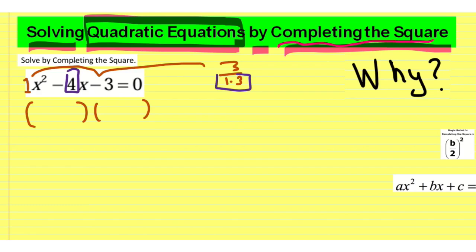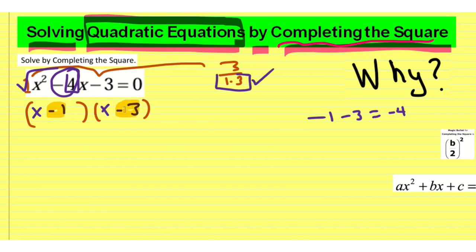So we're going to try to factor it the way that we would normally factor a quadratic. I've got the x squared, so I take the square root of the x squared, and it goes in the front, x and x. Then I take my factor pair that I've chosen, 1 and 3. In order to get a negative 4, I'm going to put negative 1 and negative 3, and that makes sense because negative 1 minus 3 does indeed equal negative 4. However, when I multiply this negative 1 times this negative 3, does that give me a negative 3?